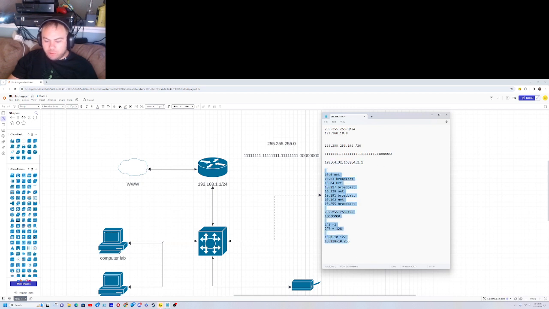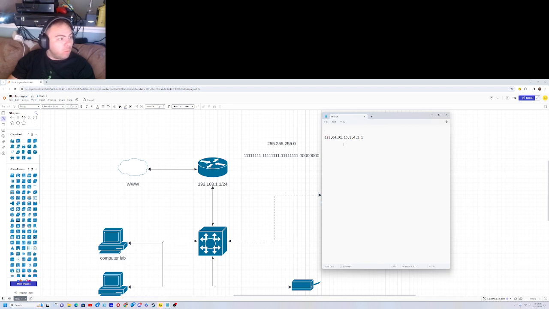It goes 128, 64, 32, 16, 8, 4, 2, 1. So bit 1 is equal to 128. Then we have 64, then 32, 16, 8, 4, 2, 1.